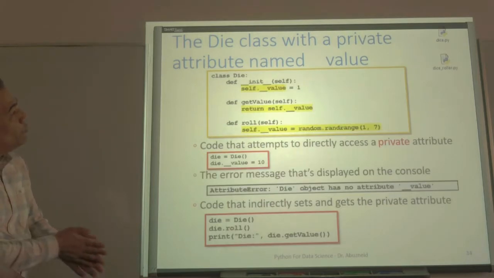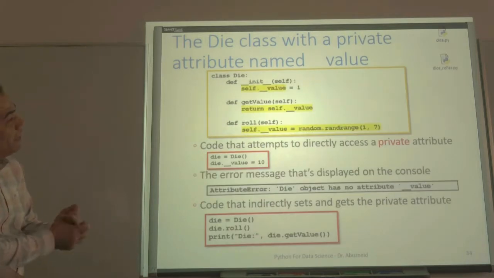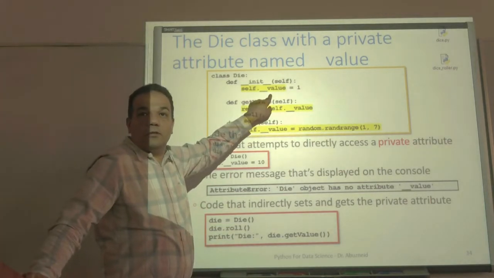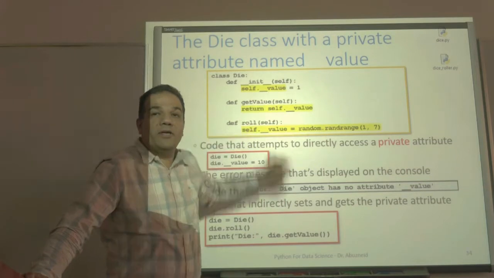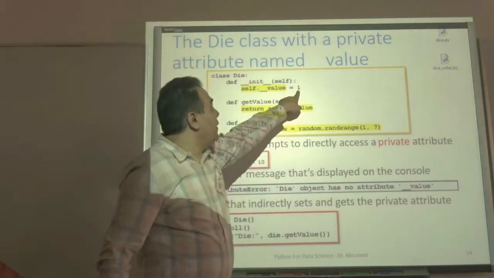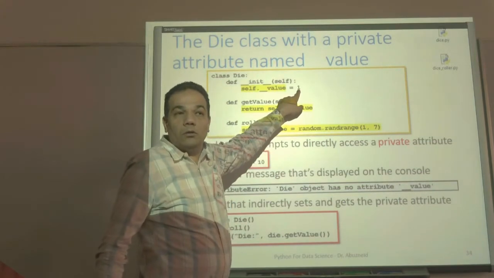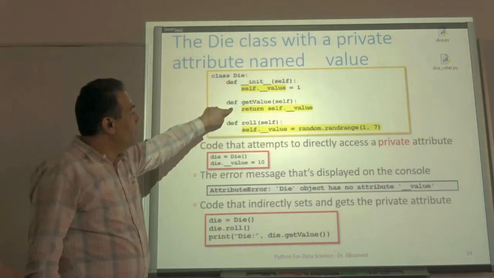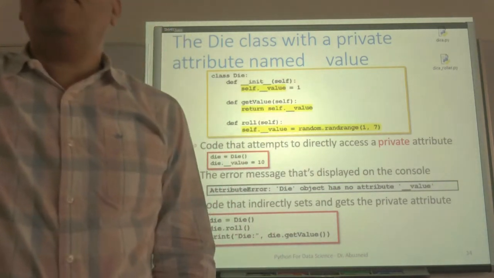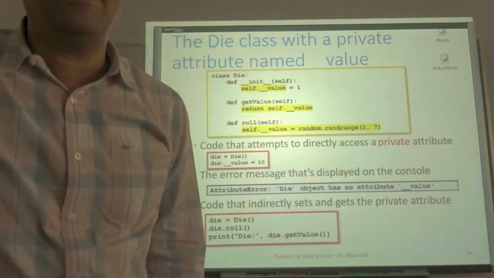So the die class with a private attribute named value. Now, I made it private. How did I make it private? Two underscores, right? And the initial value is 1. Because I made it private, I have to add two functions, setter and getter.